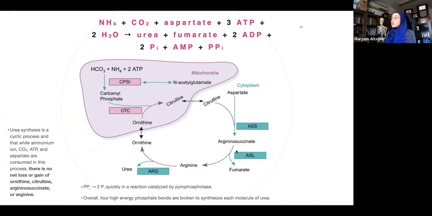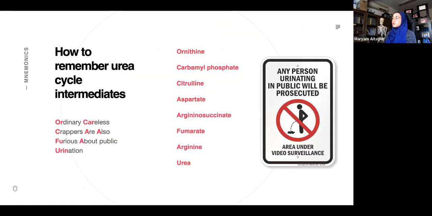So when you have argininosuccinase deficiency, what ends up happening is you can only make argininosuccinate and you're going to stop here. Okay, so the process can't continue to make urea. However, argininosuccinate can still be excreted in the body. So we want a low protein diet to minimize the amount of urea we have to make, but we want it to be high in arginine in order to feed the cycle forward. So you're basically just pushing it out this way. And that's why that's the treatment for argininosuccinase deficiency.